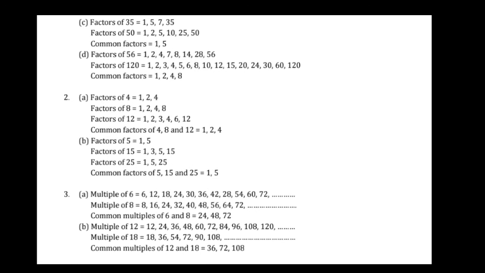Okay students, now next, question number 3. Write the common multiples of the numbers. Find the common multiples of 6 and 8. First, multiples of 6 means the table of 6: 6 twos are 12, 6 threes are 18, 6 fours are 24, and so on, continuing infinitely.